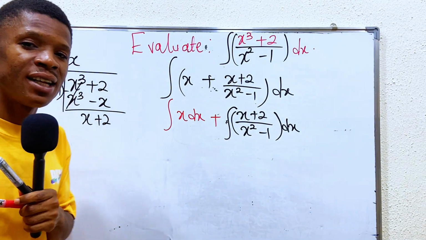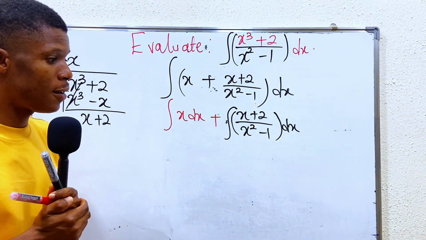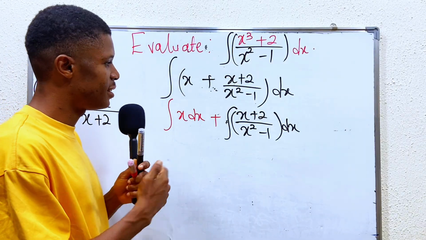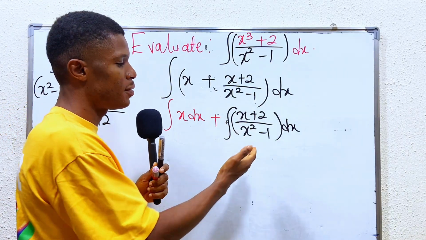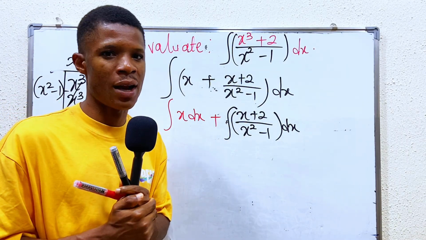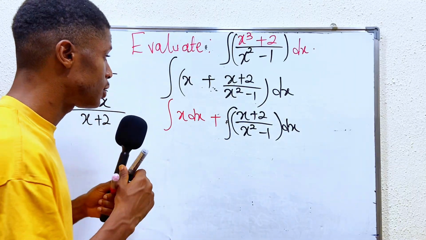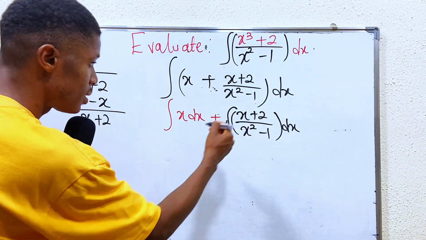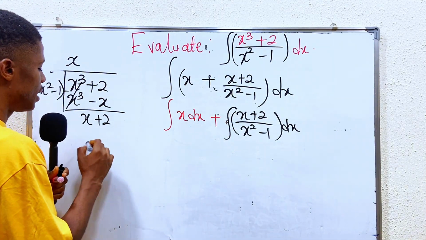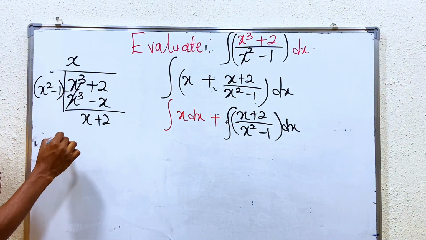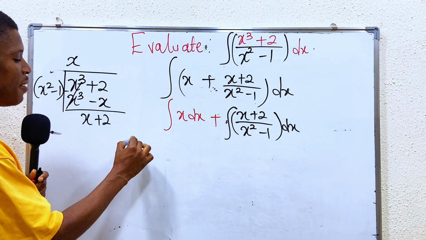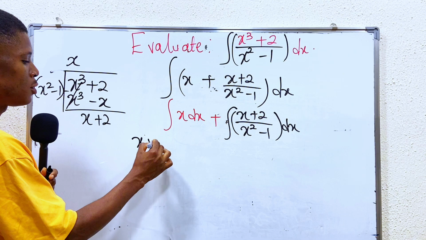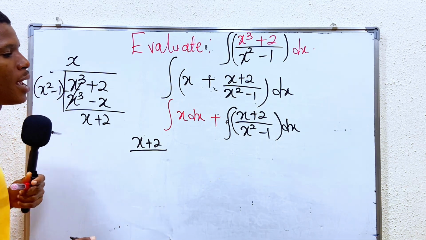Then again, we have a little challenge. The next challenge is that this particular term, we have to resolve by partial fractions. Let's consider the function x plus 2 divided by x squared minus 1.